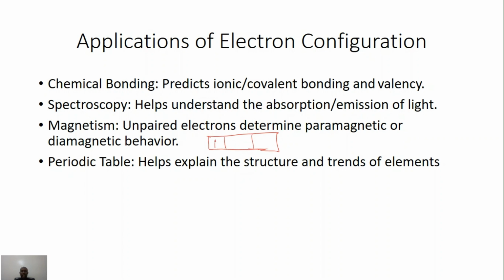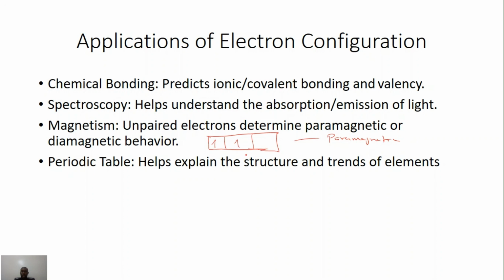Orbitals that have single unpaired electrons are usually paramagnetic, meaning that they are magnetic. They are attracted by, or influenced by, a magnetic field.